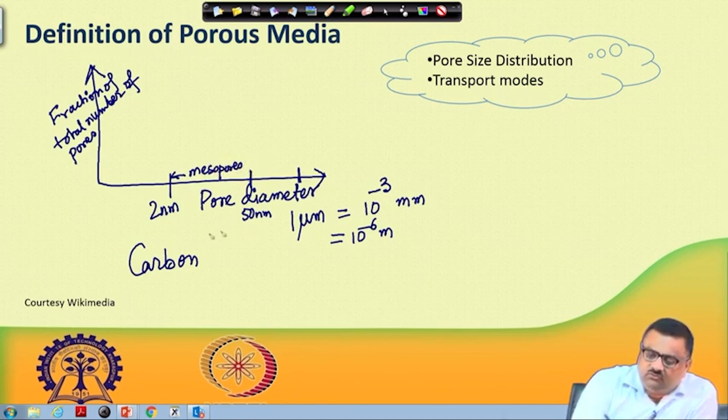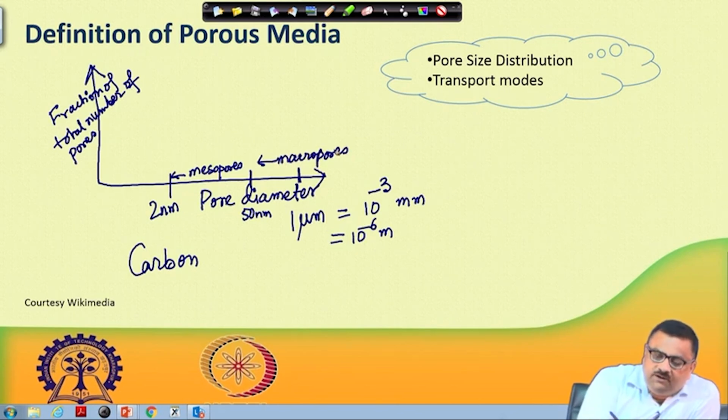Okay. 2 nanometer to 50 nanometer, and higher, generally we call it macropores, and below 2 nanometer we refer to them as micropores.